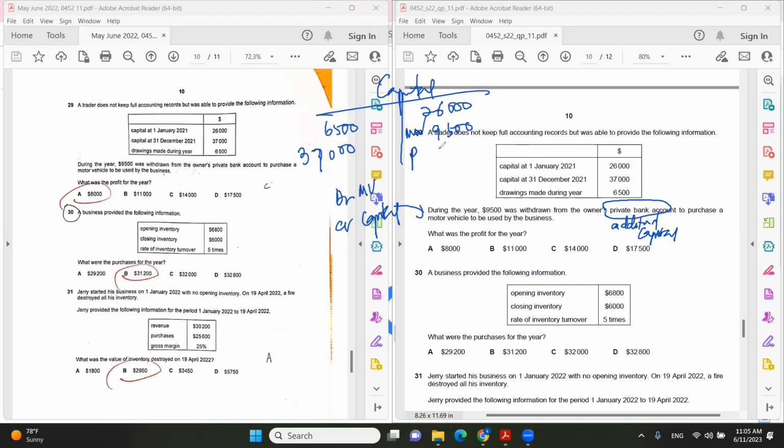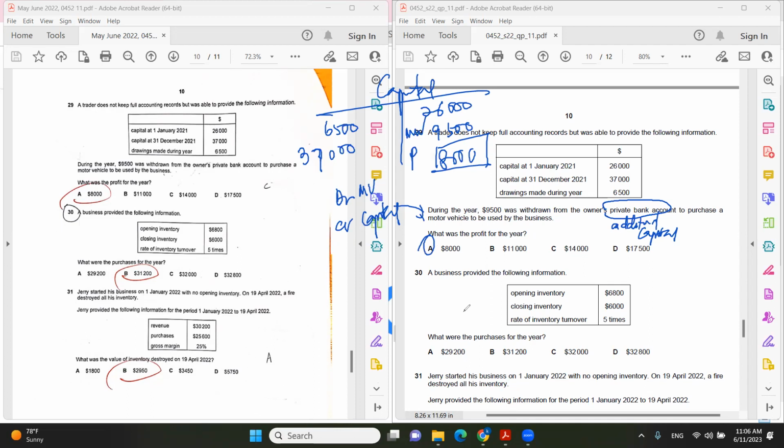So the balance will be the profit. We take the total debit minus the credit. So let's see. Okay, the answer is 8,000. So the answer should be A.